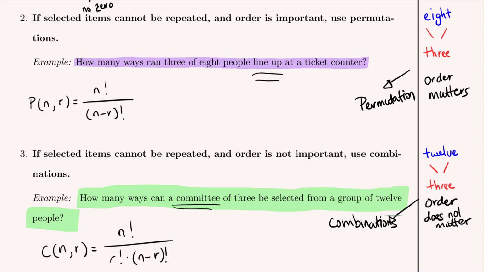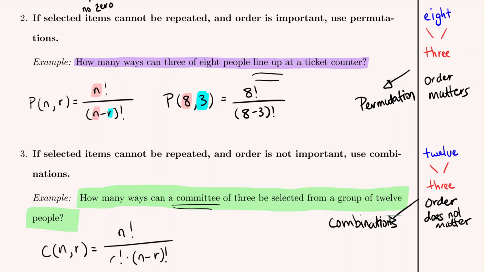Now in particular for our second example, I started with 8 objects. I wanted to arrange 3 of them when order mattered. So I had 8 as my total number, and I'm selecting 3. To follow my formula, it would be 8 factorial over 8 minus 3 factorial.